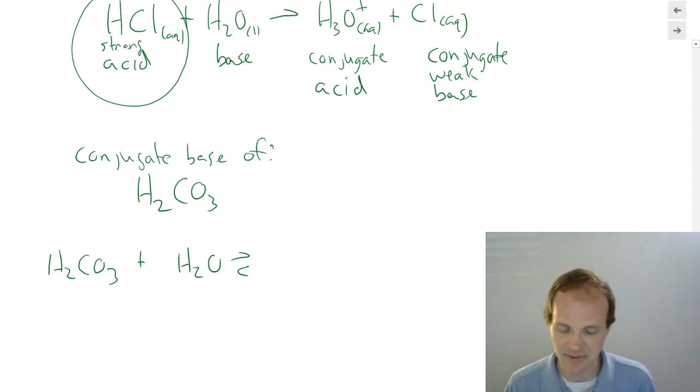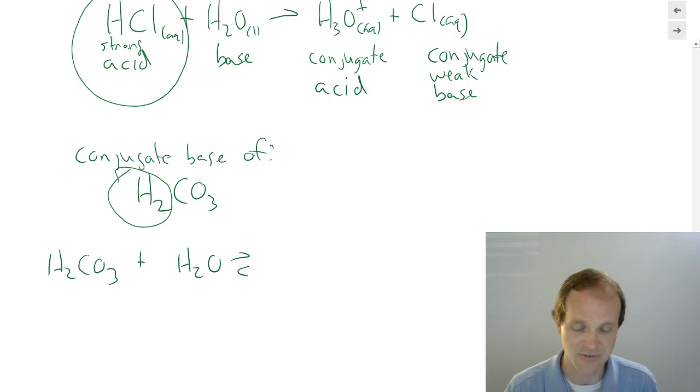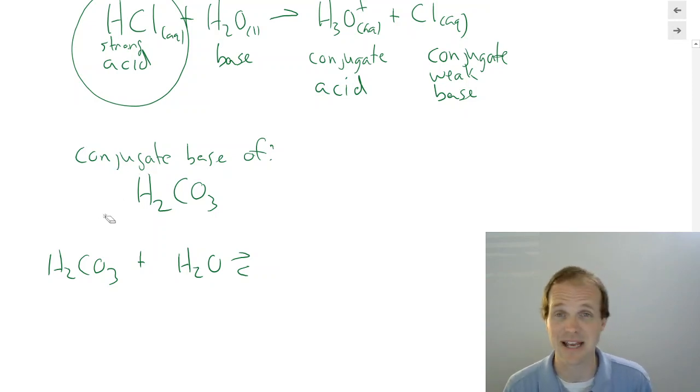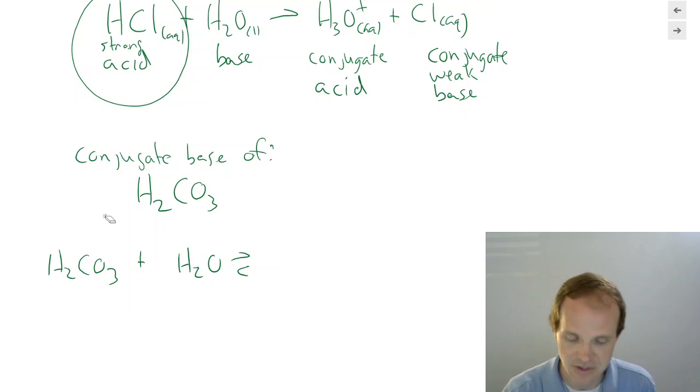And so what's going to happen? H2CO3 is either going to lose a proton acting as an acid, or it's going to gain a proton acting as a base. What's it going to do? Well, you remember, right, when we write those H's in front, that's usually an indicator of an acid, so we could probably guess that this is going to be an acid, but the language in the problem actually makes it extremely clear. It says, hey, what is the conjugate base, right?